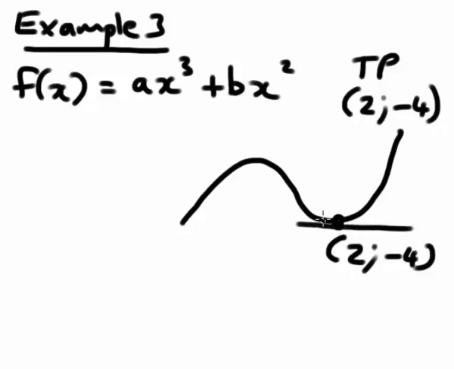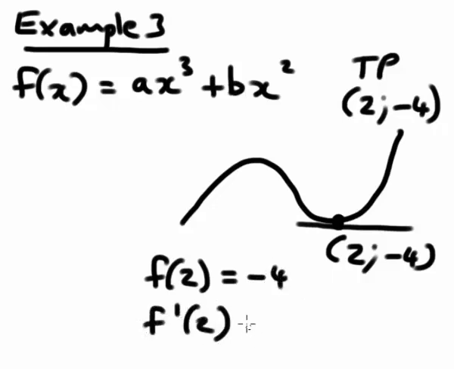So we know that f of 2, the y value, is -4. We also know that the gradient at 2 is 0 because there's a tangent line. Now we're going to use this information to help us solve for a and b.